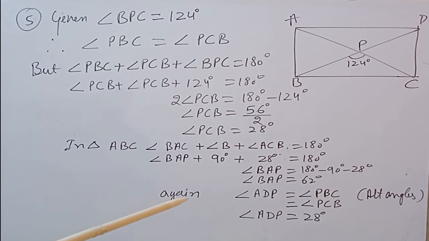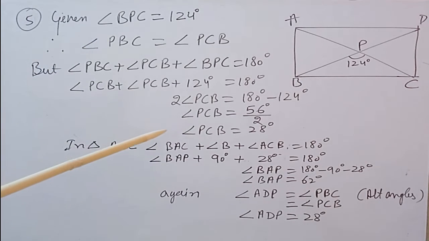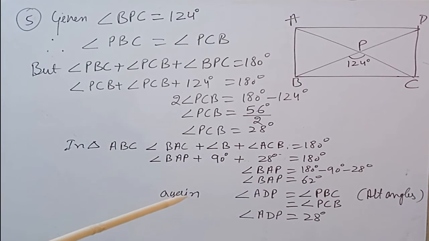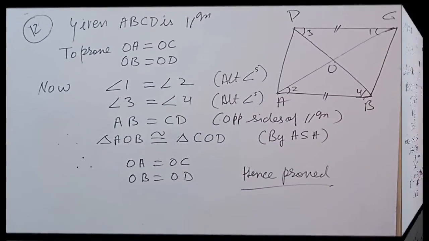So angle ADP equal to angle PBC, but PBC is what? PBC is equal to PCB, and PCB is what? We got the 28 degree. So angle ADP equal to angle PBC, that is angle PCB, and that is 28 degree. So angle ADP equal to 28 degree. So in that manner you will do question number 5 of exercise 17.